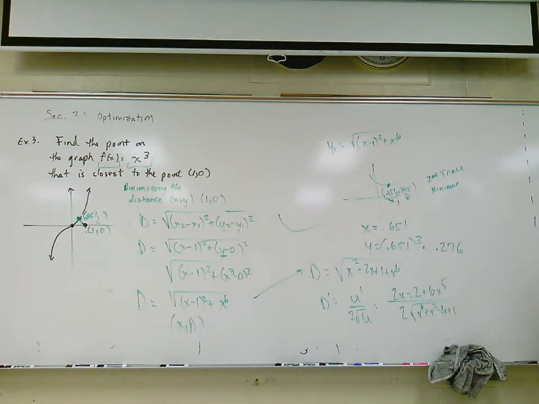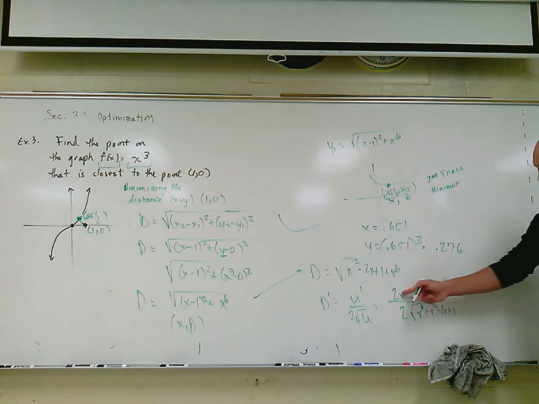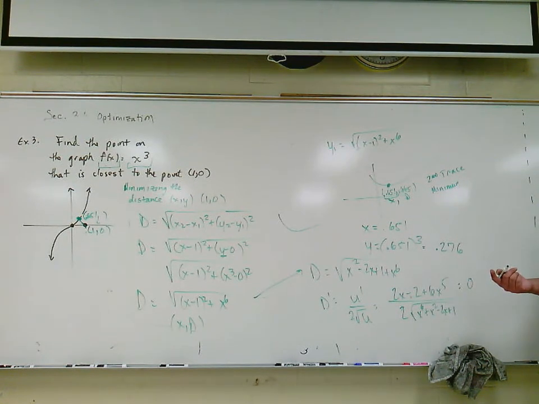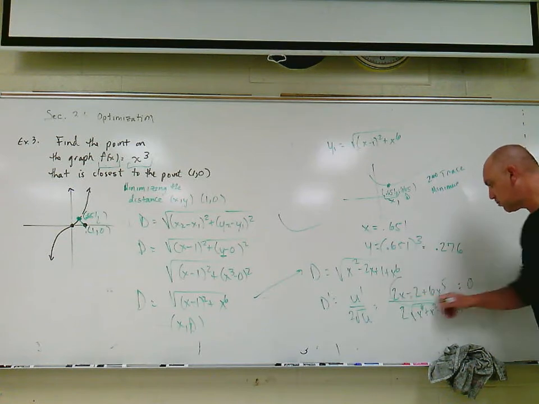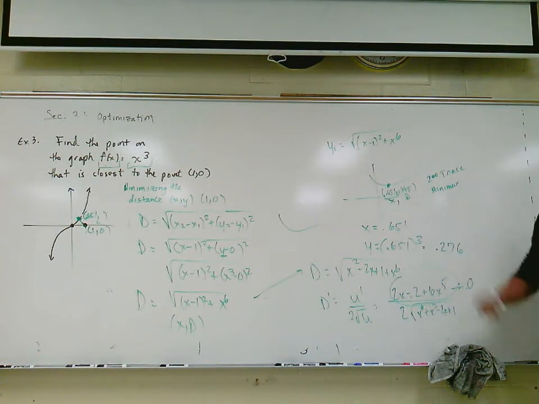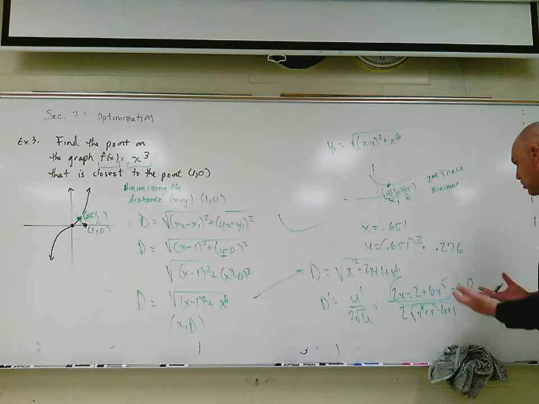So I'm going to just write it in order: x to the 6th plus x squared minus 2x plus 1. Now, I can tell you this from working these, you don't need to worry about setting the bottom to 0. Just set the top to 0 and see if you can solve it. But you can see it's not easy. Because you've got an x to the 5th and an x, you're going to need technology at some point. But if we solve this equation equal to 0, you're going to get 0.651. You just say, how do I do this?